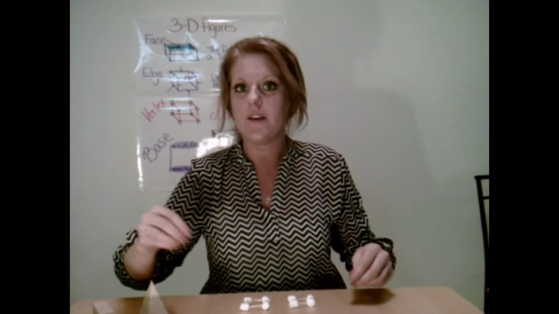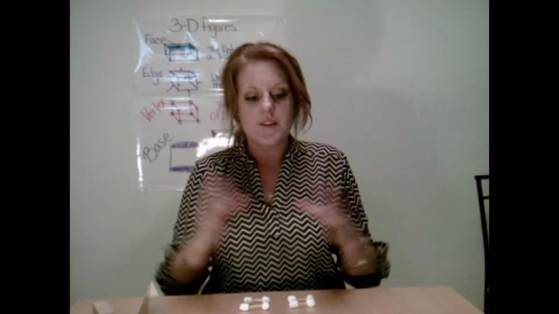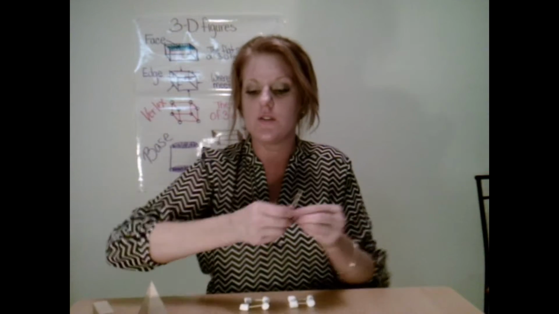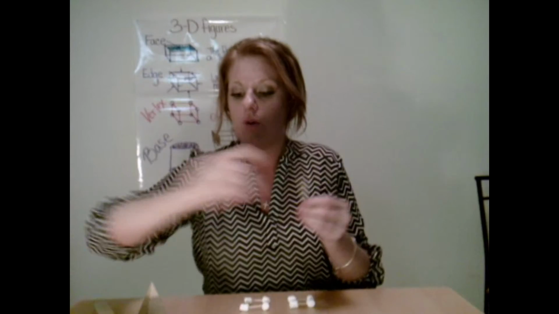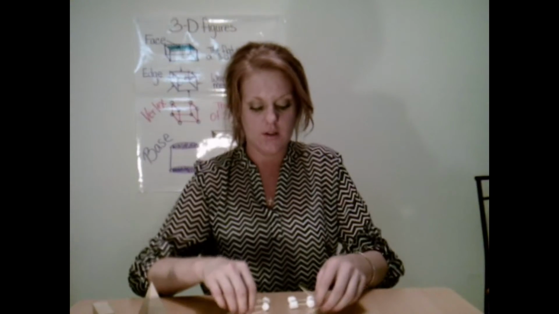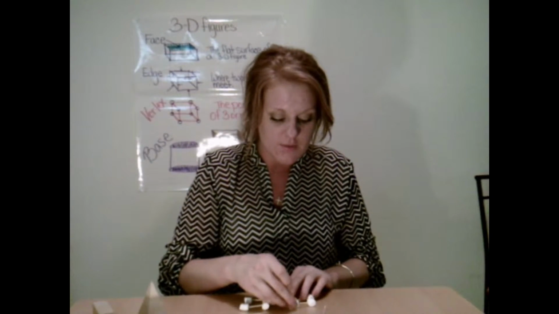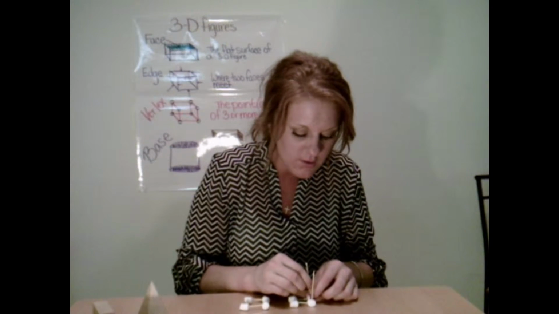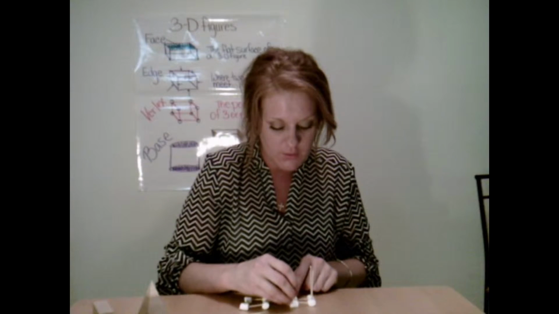Now we know in a rectangular prism that the length is going to be longer than the width. So now we'll use four regular sized toothpicks. The same as we did in the cube, we'll stick them in the corners of the first square.